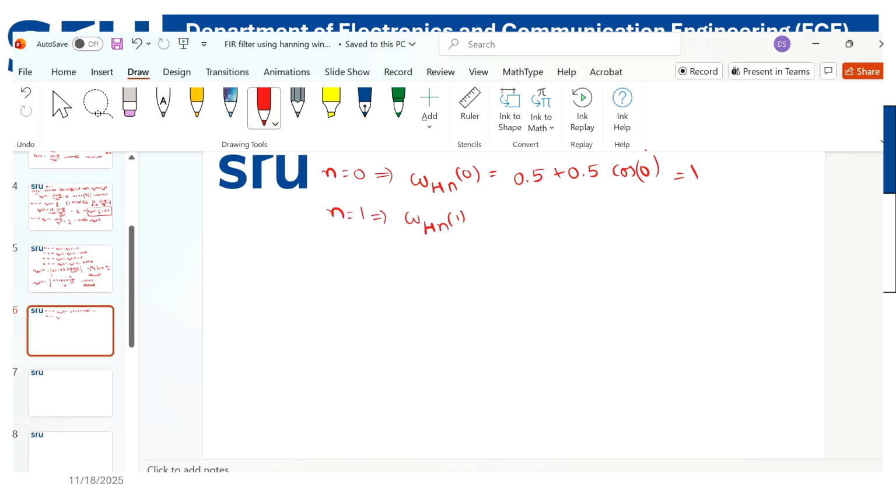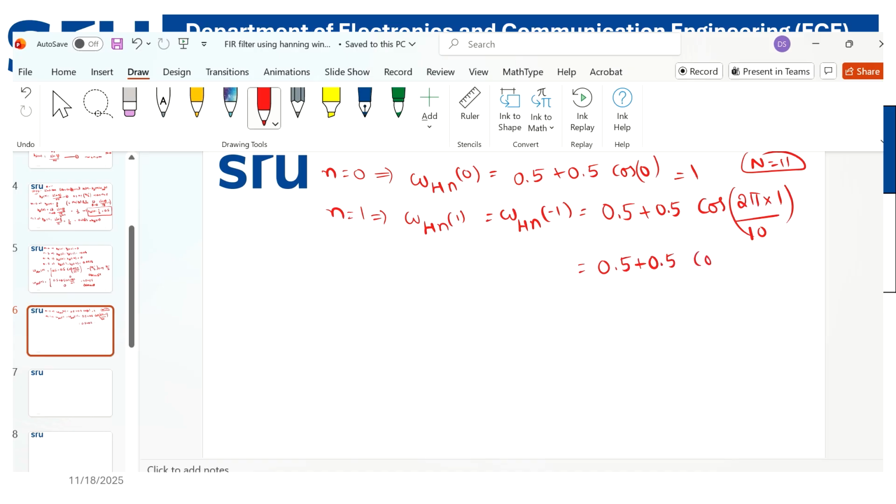So we have the positive value equal to the negative value: 0.5 plus 0.5 cos of 2 pi into 1 divided by n value 11 minus 1, that is 10, is equal to 0.5 plus 0.5 cos of pi by 5. The value for n is equal to 1, n is equal to minus 1 is 0.9045.